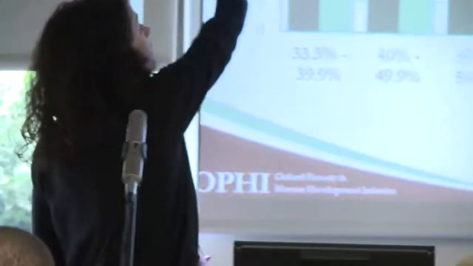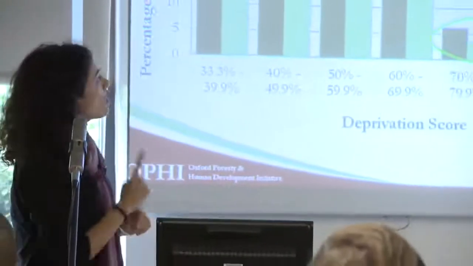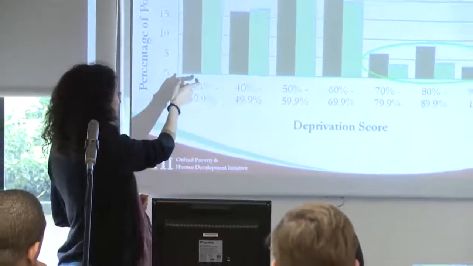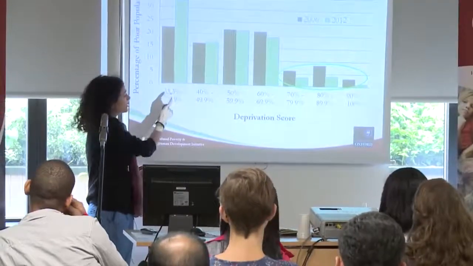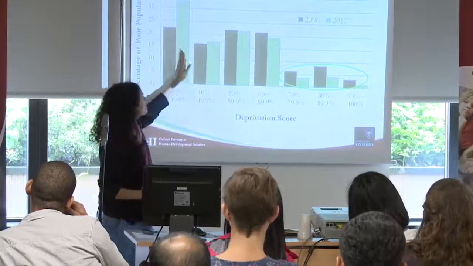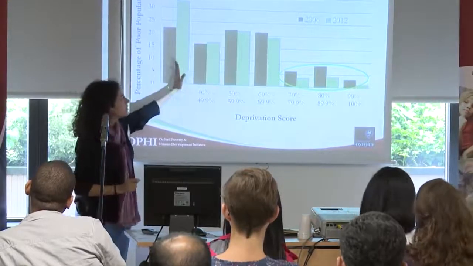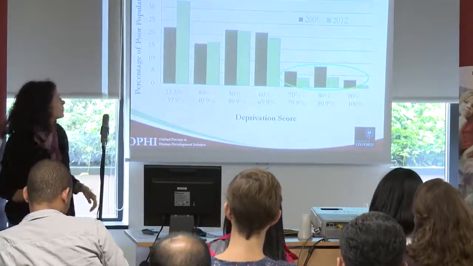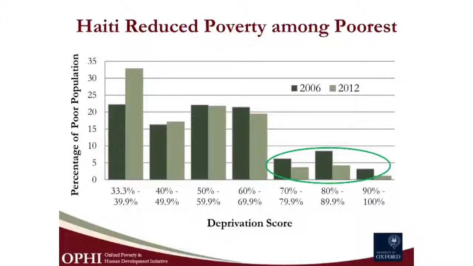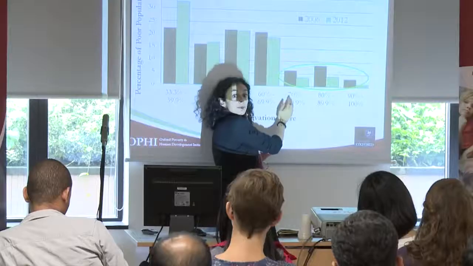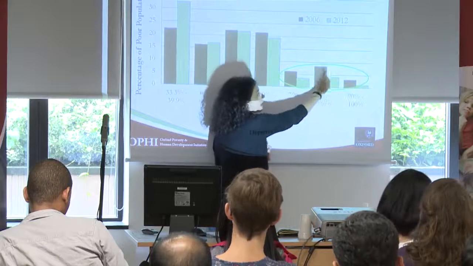And when you look at changes over time, here we are again only looking at the poor. The first column is the percentage of poor people with each range of deprivations, from 33 to 39.9 and so on, in the first year of the comparison, and the second column is the second year. What we see here is that the groups of the poor with the highest deprivations, 70% or more, have reduced.